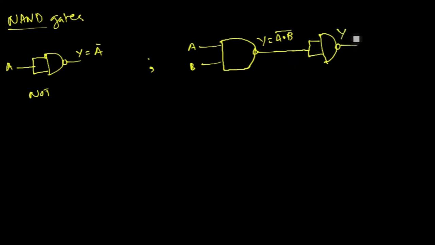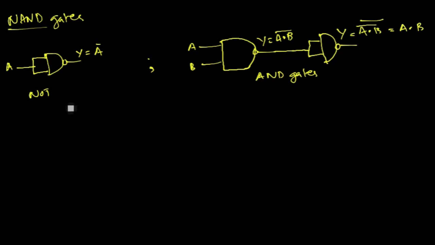The output will be ((A and B) complement) complement, which is equal to A and B. So two NAND gates connected in this way form an AND gate.